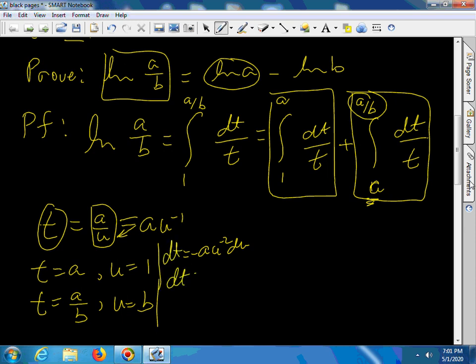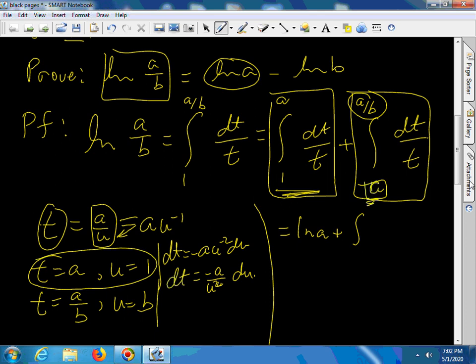That is, dt is negative a over u squared du. Okay, so the first integral here is ln of a plus the integral. Now we're going to go into the u language. When t is a, u is 1.